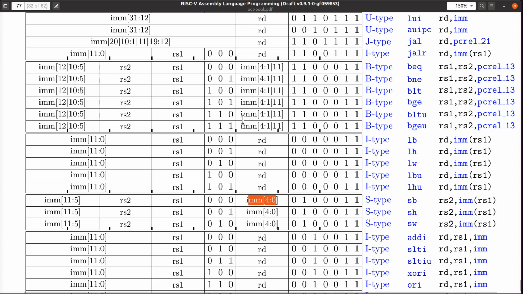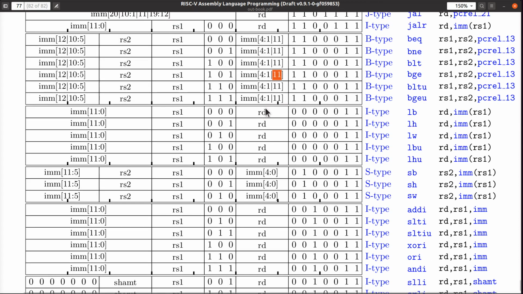Okay, up here we got 4 through 1. Those bits 4 through 1 are in the same place as 4 through 1 in this guy down here. What's not in the same place is this 11 out here in the middle of nowhere. But 4 out of 5 ain't bad.